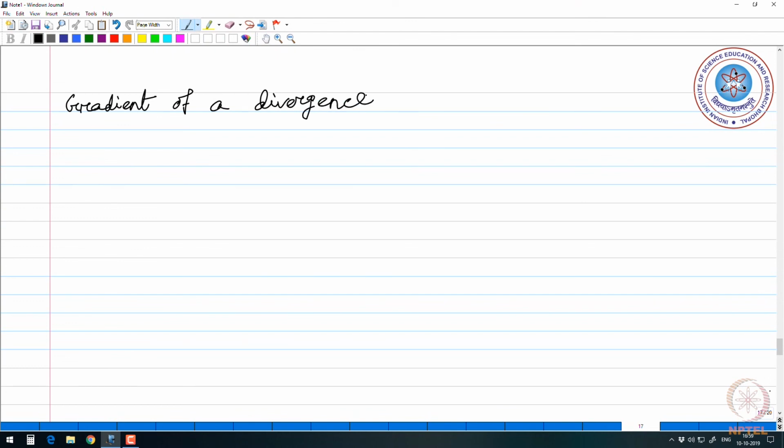If we consider the gradient of the divergence of vector v, this quantity can be evaluated as del square of the vector, which is nothing but del dot del of the vector v.